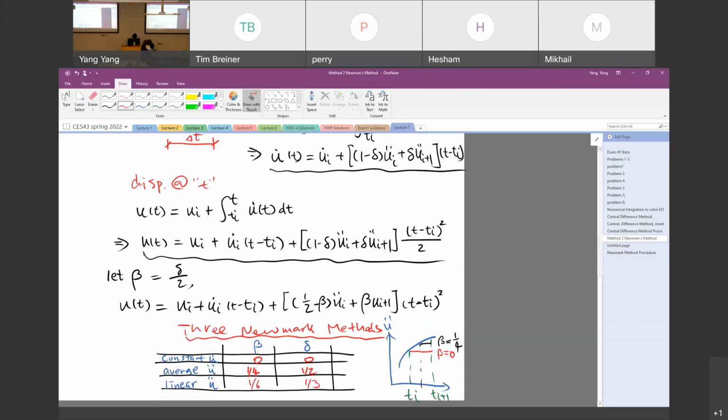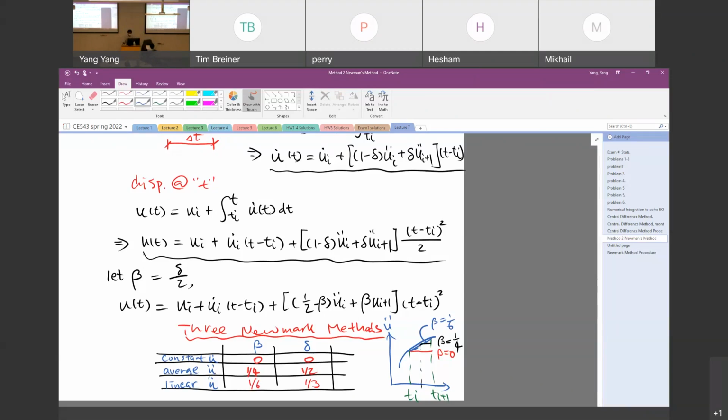And that means in this case, we'll do the acceleration. And it is linear. So the actual acceleration is maybe a curved value, but if we select beta equal to 1/6, the approximate acceleration is linear between time i and time i plus 1.